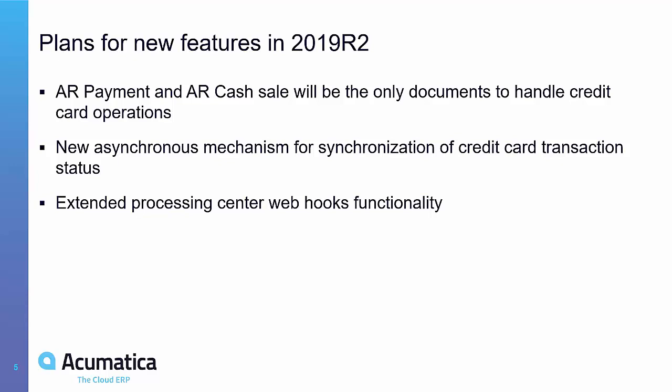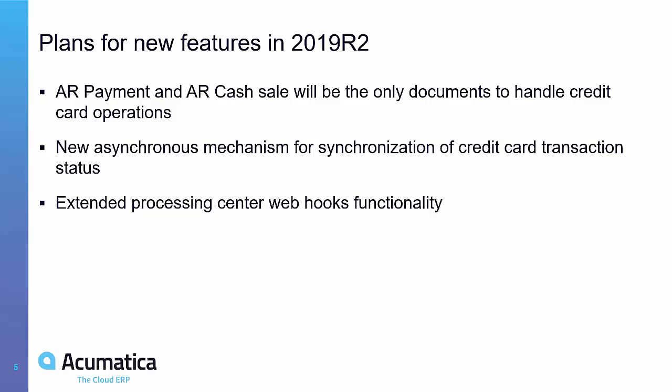So, we want to do it that way because our goal is to implement a new, more generic synchronization mechanism for credit card transactions so that we can synchronize asynchronously. So we will have a scheduled process that does the synchronization and updates the status of transactions.